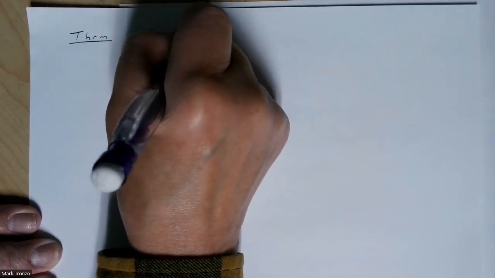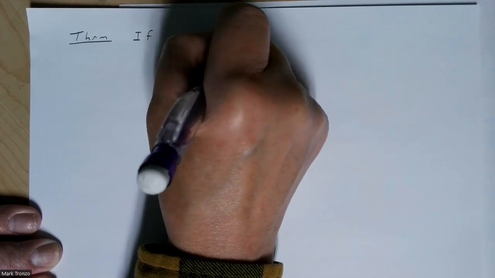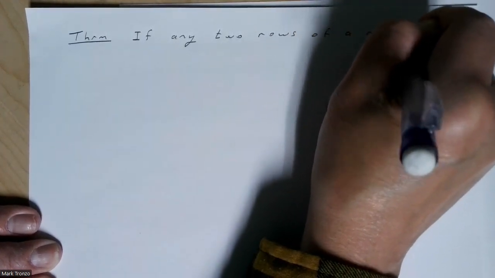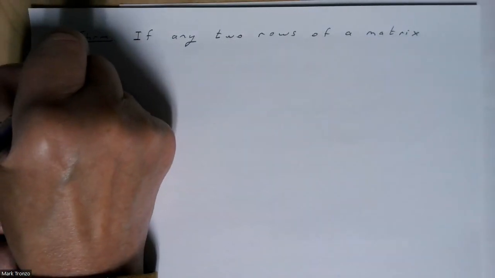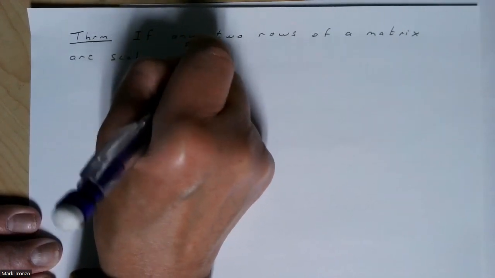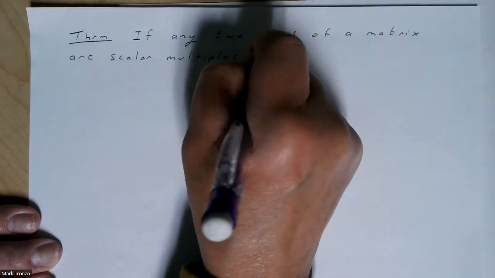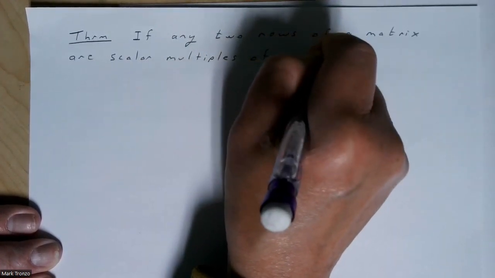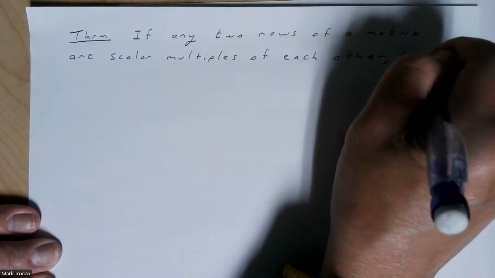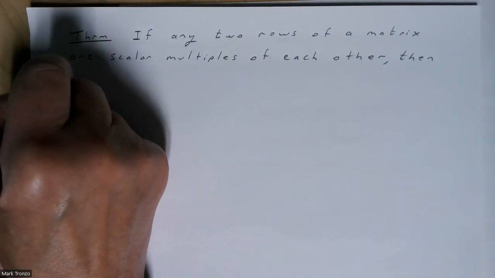And there's another theorem that says if any two rows of a matrix are scalar multiples of each other, then the determinant of the matrix is 0.